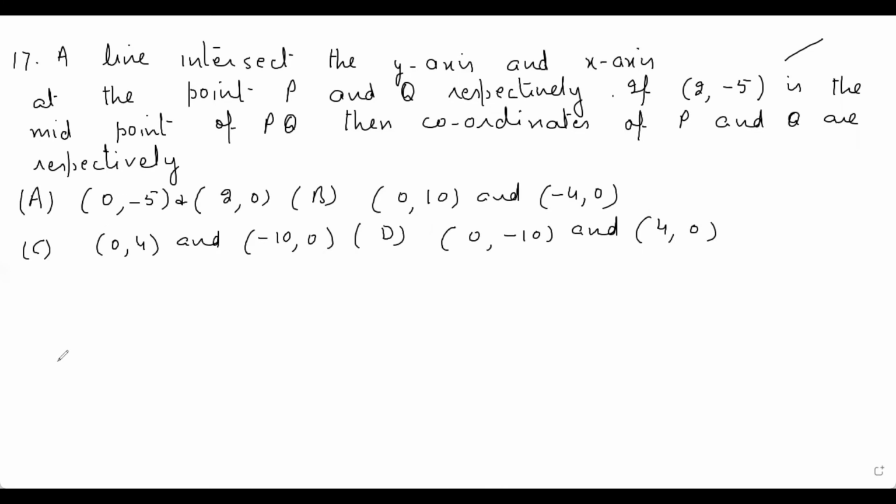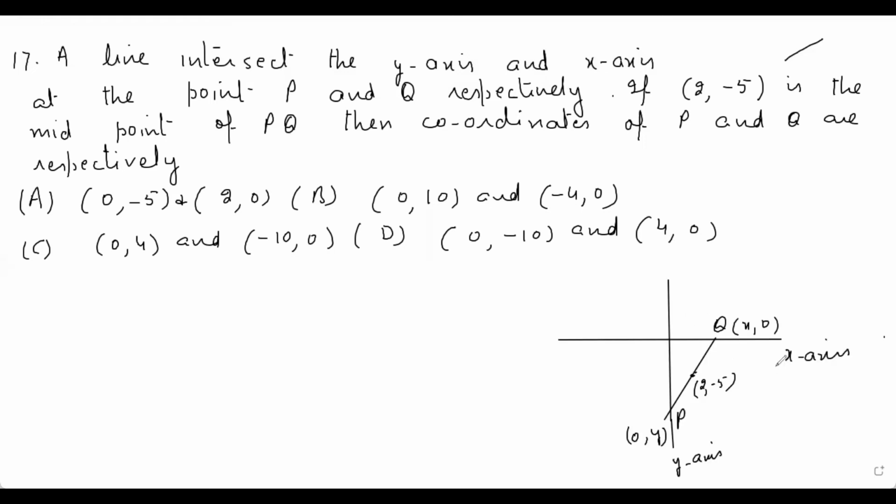Now the 17th question is, a line intersects the y-axis and x-axis at points P and Q respectively. If 2, minus 5 is the midpoint of PQ, then the coordinates of P and Q are respectively. There are 4 options. You have to find the right one. Now this is the x-axis, this is the y-axis.